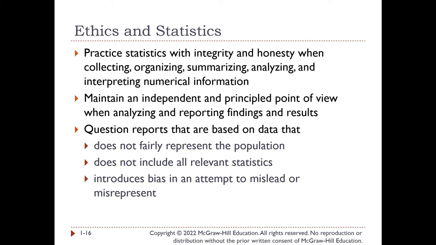there's questions. So, question reports that are based on data that does not fairly represent the population, does not include all relevant statistics, and introduces bias in an attempt to mislead or misrepresent. Again, we have to be independent.